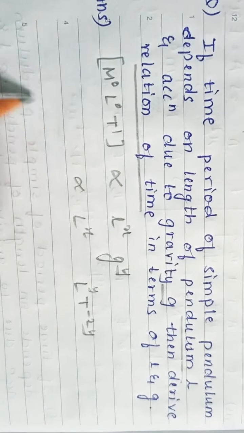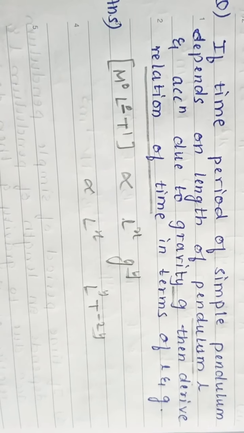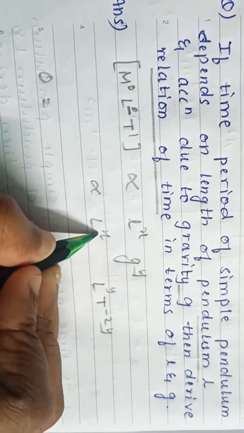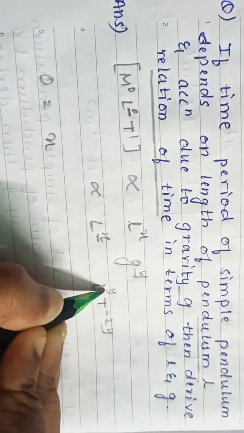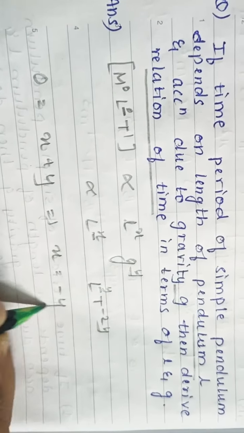Now here the power of length is 0, and on the other side the power of length is x plus y, so we can write x is equal to minus y.